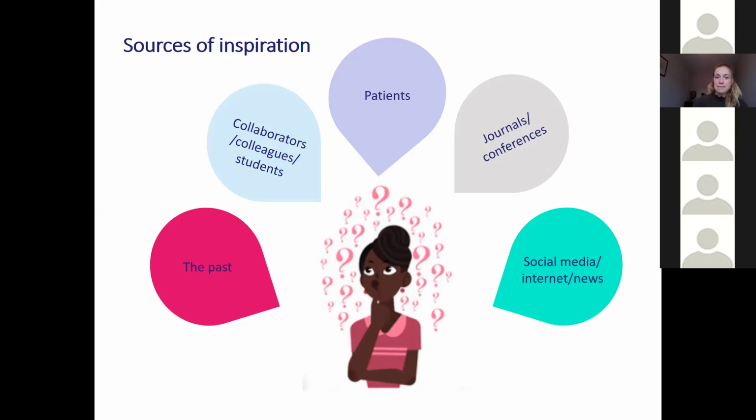Often in clinics, you have patients asking you questions regarding their treatment, or things like scheduling of treatments, and those questions are really great sources of inspiration, and can be really good things to start off your research projects, because one of the things that we as clinicians and researchers in a more clinical focused area do is to improve outcomes for patients and also their quality of life. So I think that's really important to highlight, and a great source of inspiration.